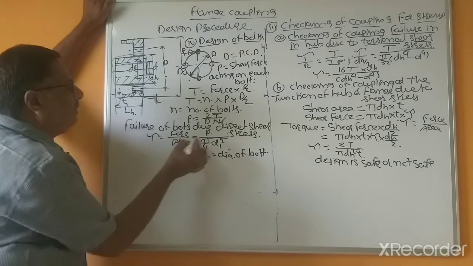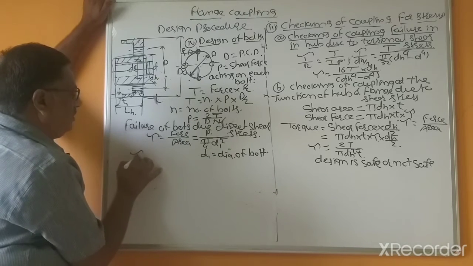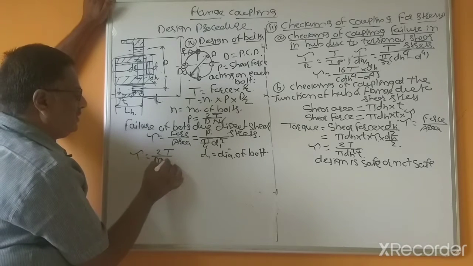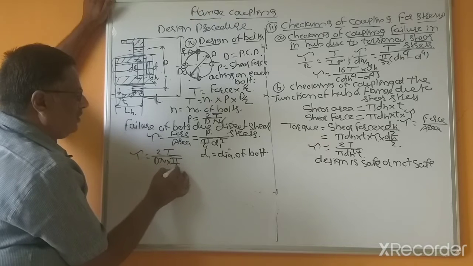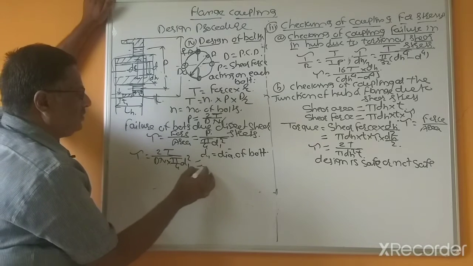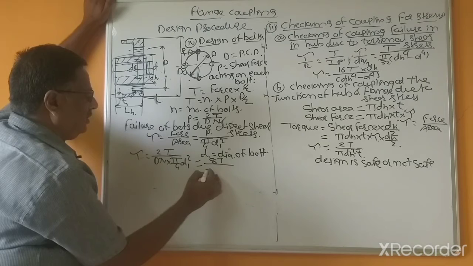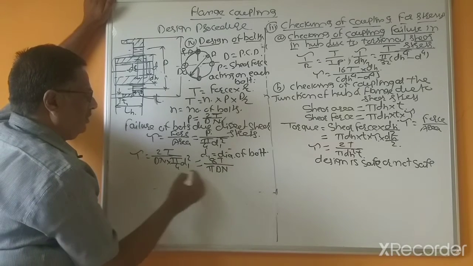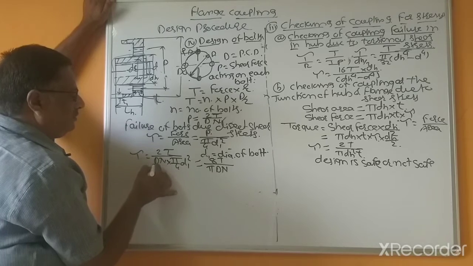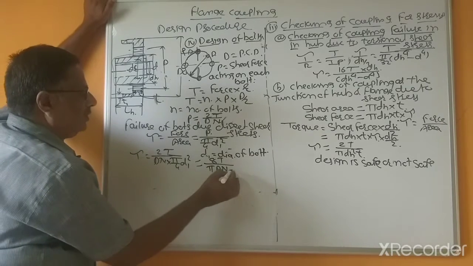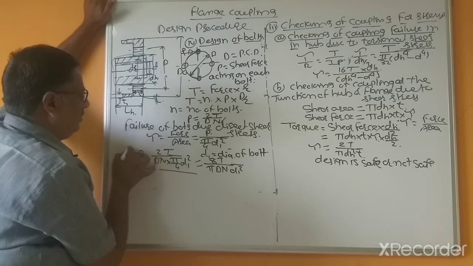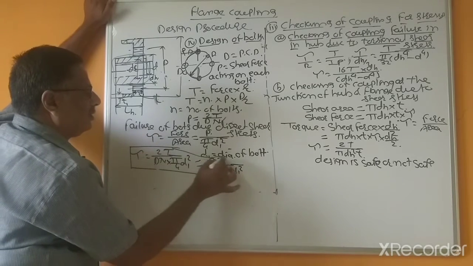Now put P equal to 2T divided by D N, and this is pi by 4 into d1 squared. So this becomes 8T divided by pi D N into d1 squared.